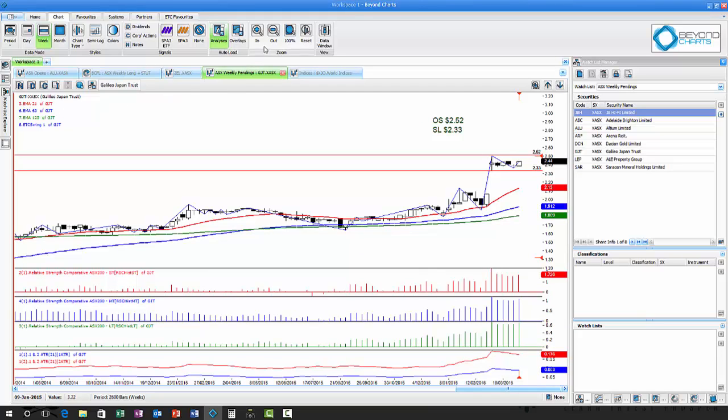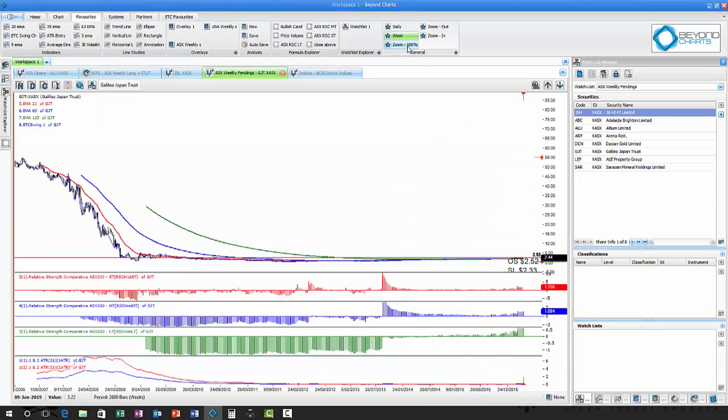Next stock for this particular week is GJT. It's a little bit difficult to say, GJT. What I'll do is I'll just go up there and zoom out. And you'll see that this does have a long history way back into the mid-2000s, really. In terms of any overhead resistance, we've really got to go way back to 2009, which is a long, long time ago. So I'm actually going to be ignoring that.